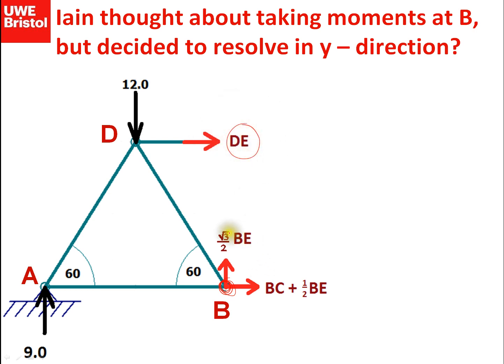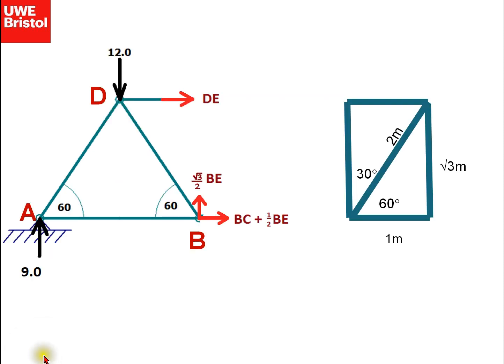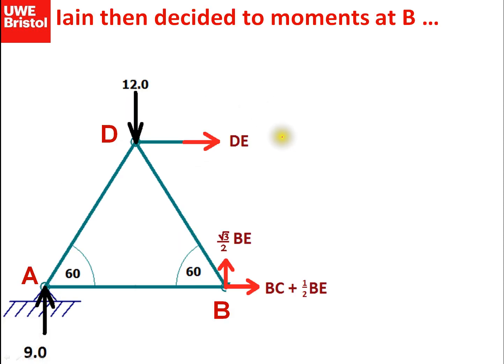If you resolve in the y direction, the only thing that's pointing in the y direction that's unknown is the BE. So you've got a choice. Ian decided to take moments at B. Okay, so let's do that.